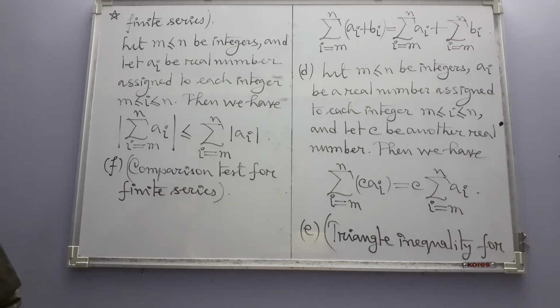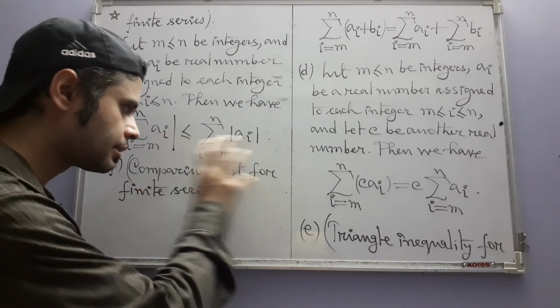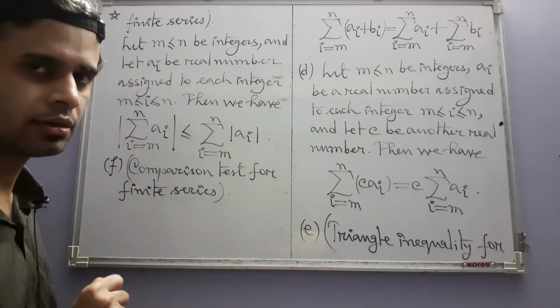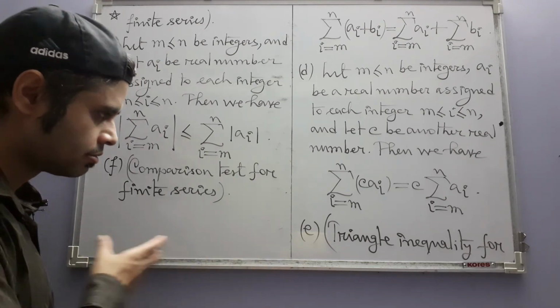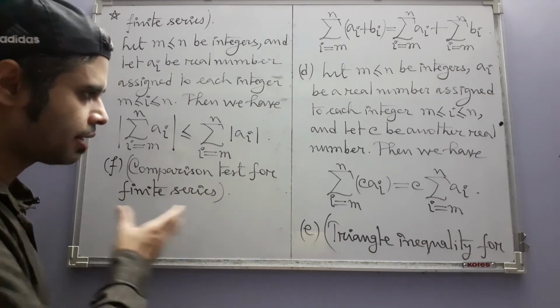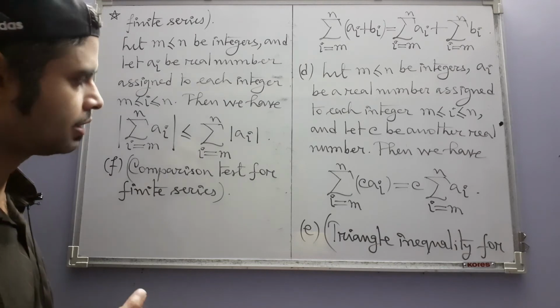At least we know that these things are true, but the names have been given here to show that similar things are also there in the theory of infinite series, and the same type of name helps us remember that both the things are true.